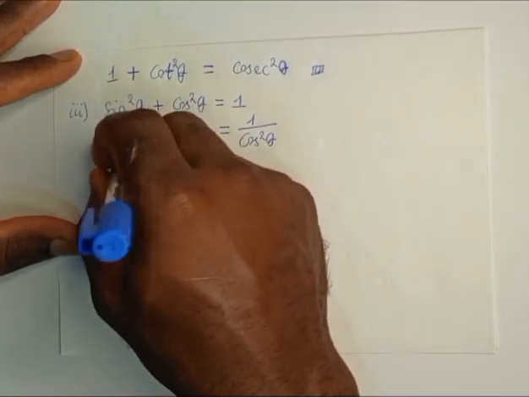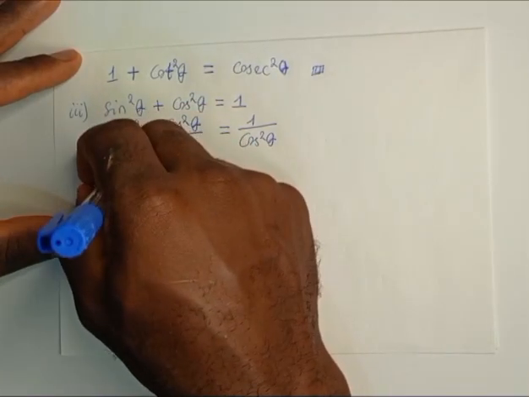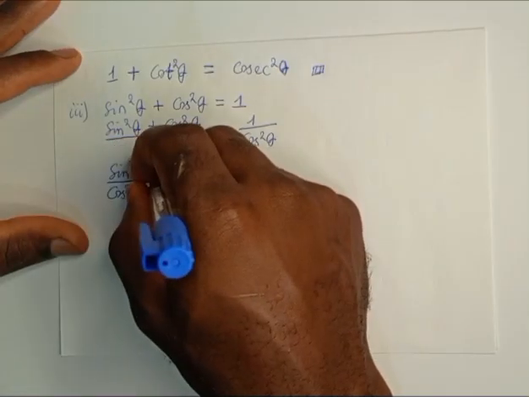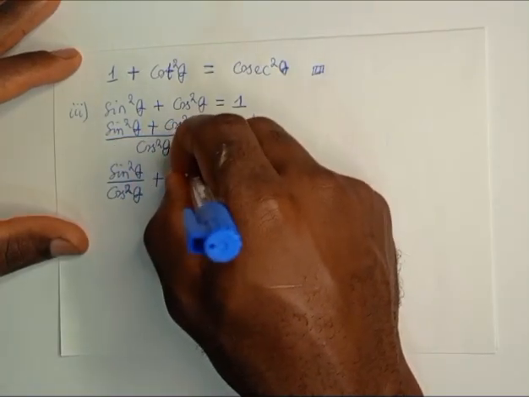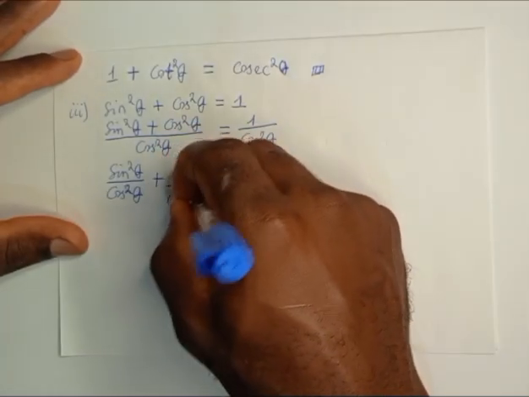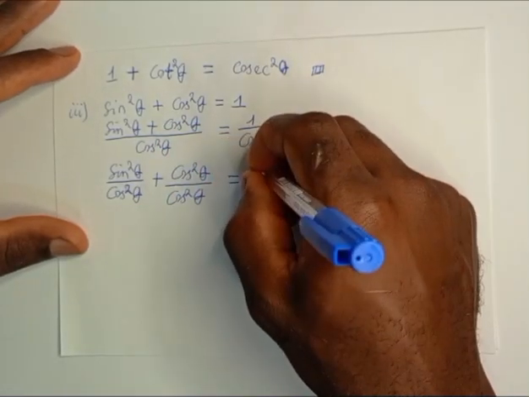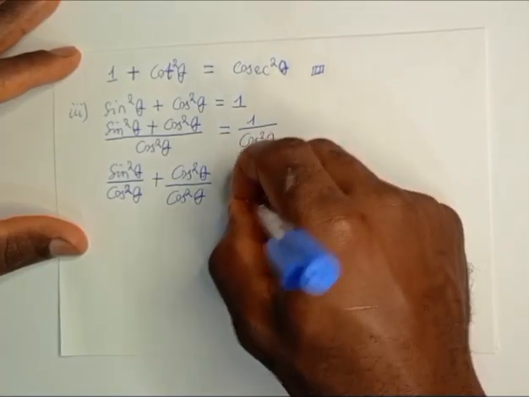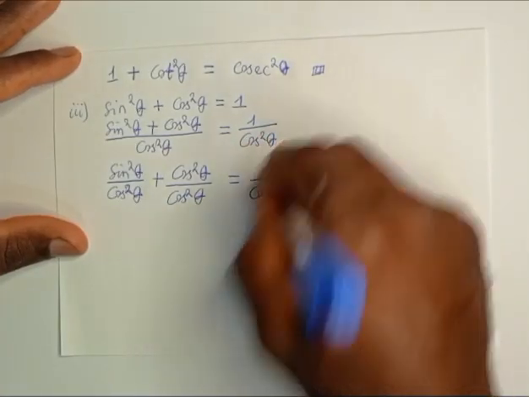Breaking this will give us sin²θ all over cos²θ plus cos²θ all over cos²θ to be equal to, you can express 1 here as 1 squared all over cos²θ.